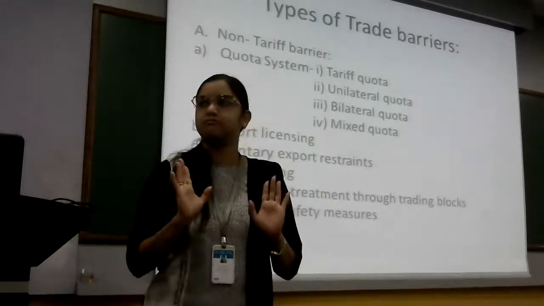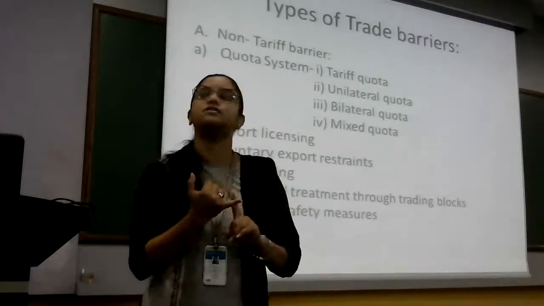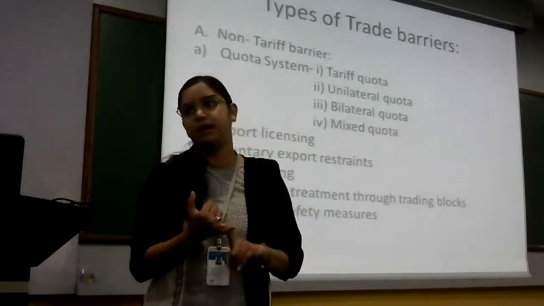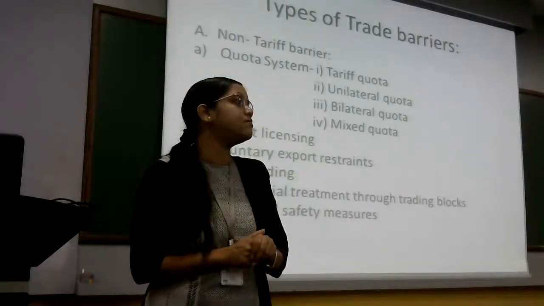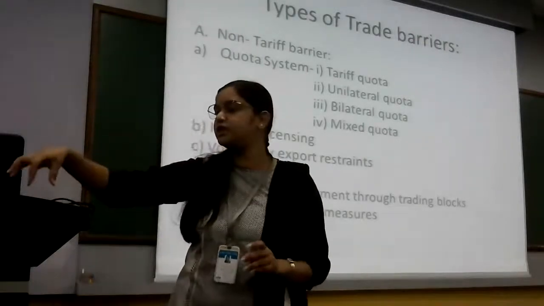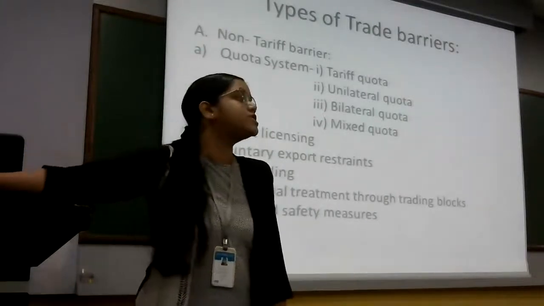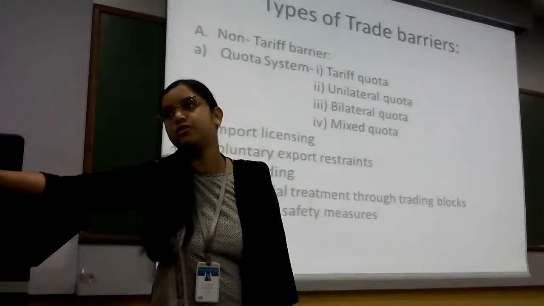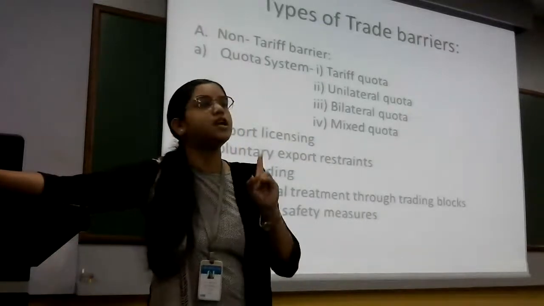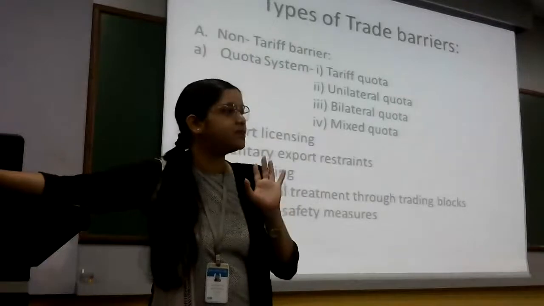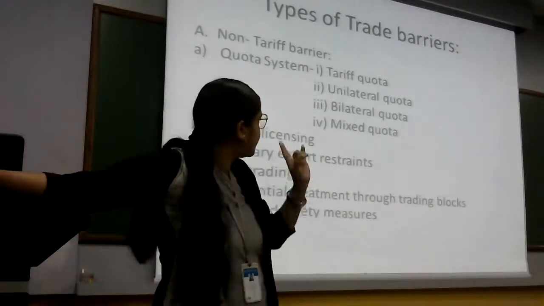That is not only the quantity of products and services but also the currency amount. Unilateral is based on the volume of the goods and services and what kind of goods and services you are going to export or import. Based on that, they will put a particular tariff, a particular roadblock, the trade barrier.